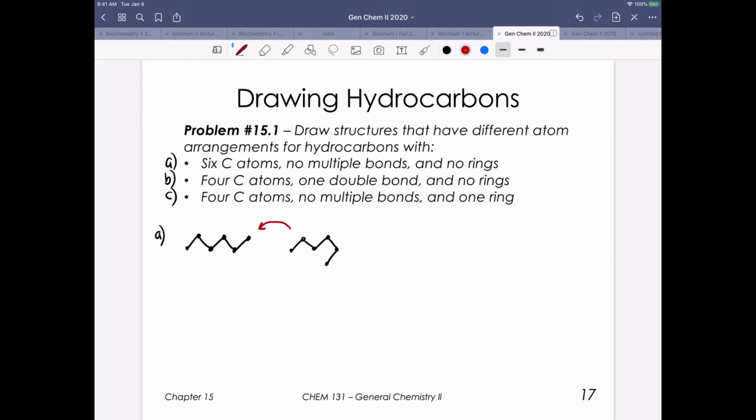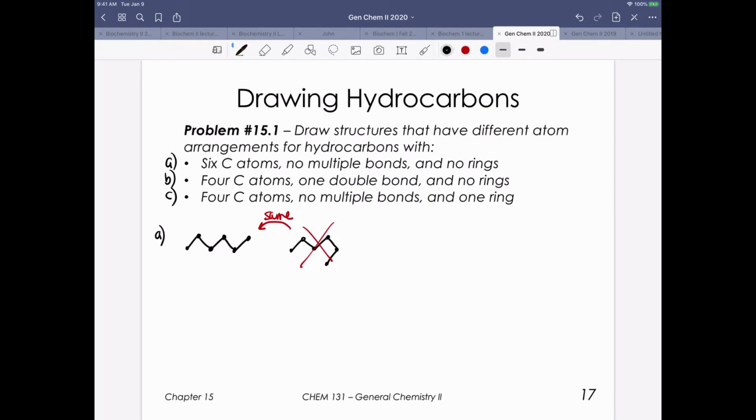All I did was sort of change the direction that one of those carbon atoms is pointing in. So this is the same thing. So that's not a new molecule. So if I only have 6 things that are in a straight line, I can't rearrange them in any way and make anything different because they're all carbon atoms.